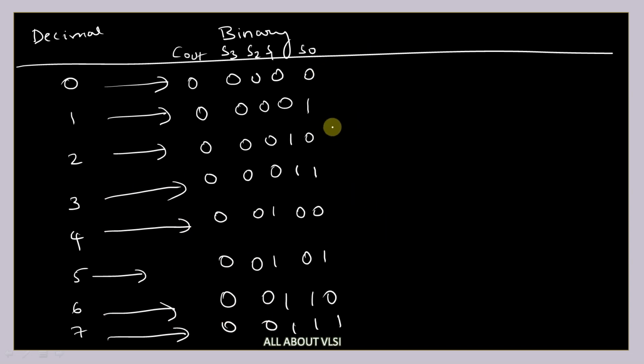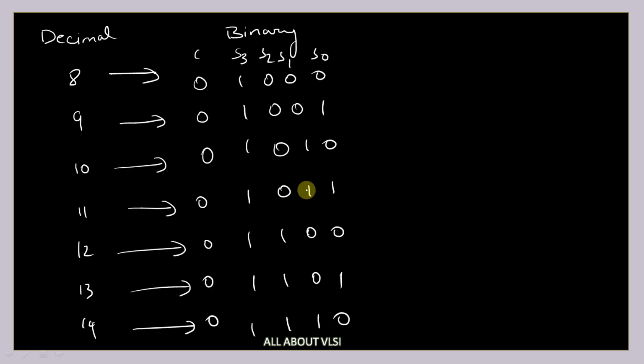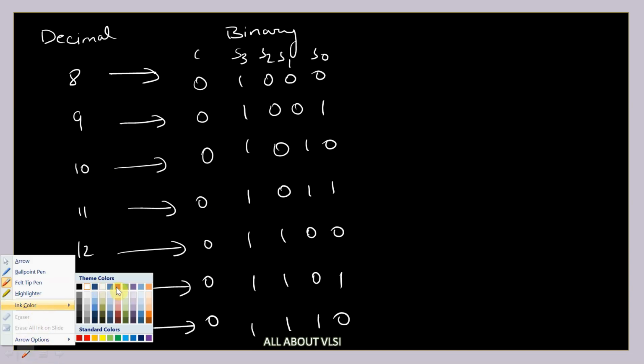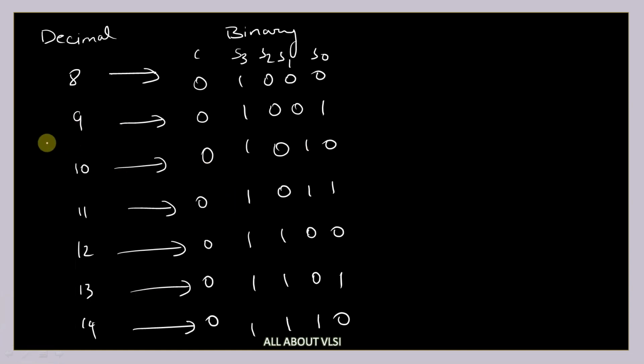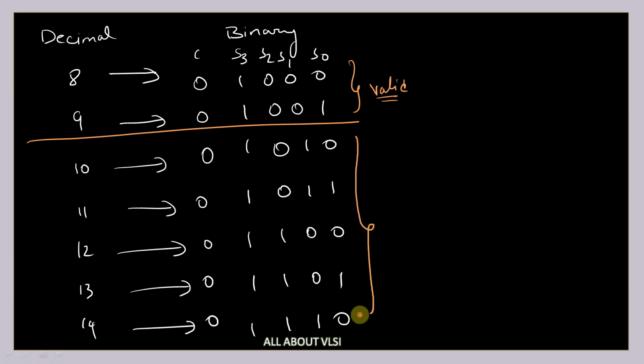If you represent them in BCD also, you will get the same numbers only. Coming to my 8, up to my number 9, these are valid BCD numbers. From 10 onwards, these are invalid.